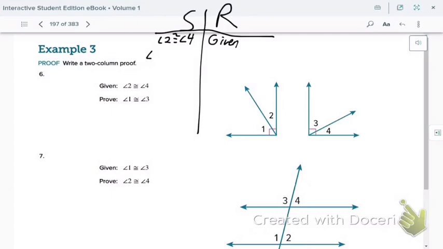Angle 1 plus angle 3... 4. 2. All right. What do we know about angle 1 plus angle 2? They equal 90, right?